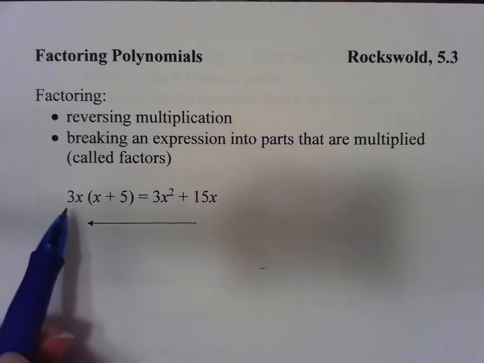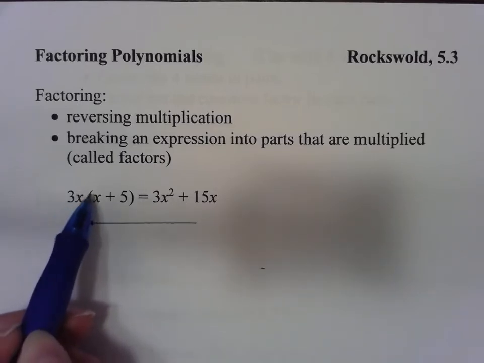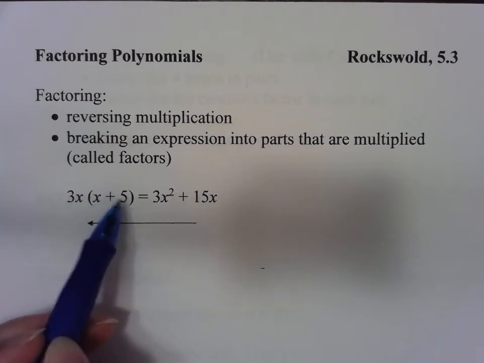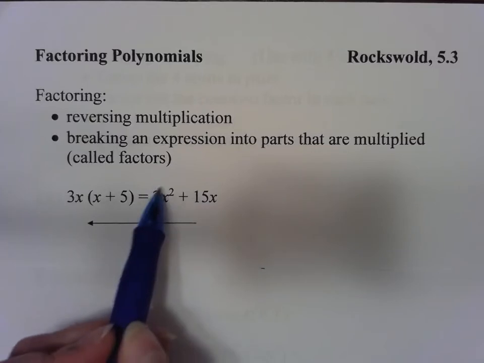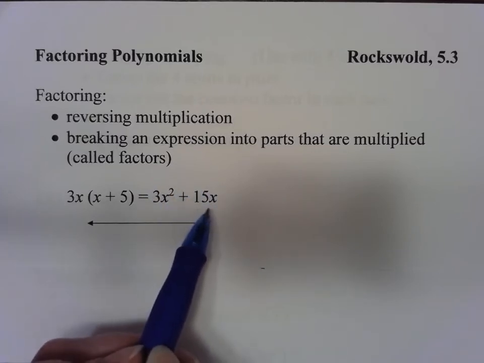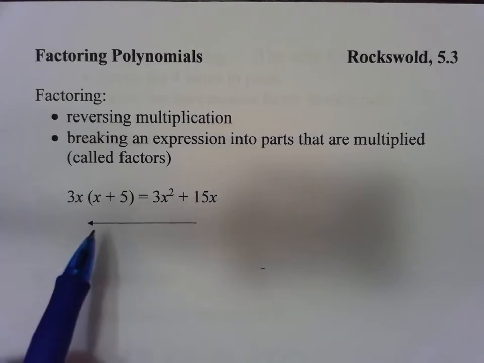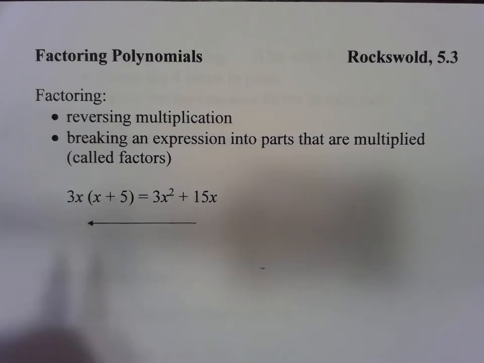So in the last video, we talked about distributing our monomial and multiplying it to each part. In this video, we're going to take the results for this type of factoring. We look at what they have in common, and we're going to break it back up into two pieces, and these two pieces are multiplied together.